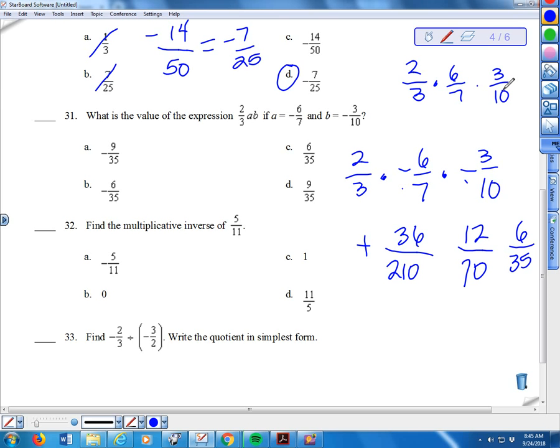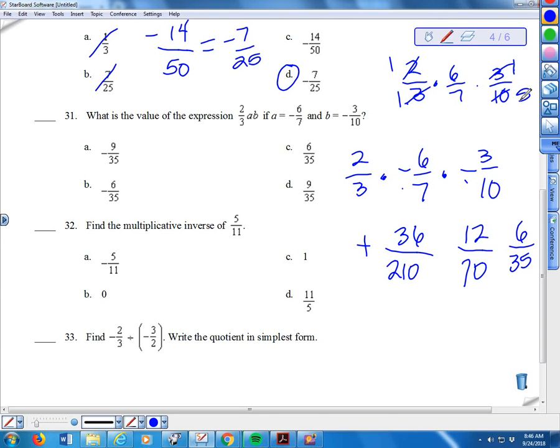So I could write 2/3 and 3/10, or I could write 2/10 and 3/3. What's 3 divided by 3? 1. What's 2 divided by 10? 5. So 1's on top, 5's on bottom.